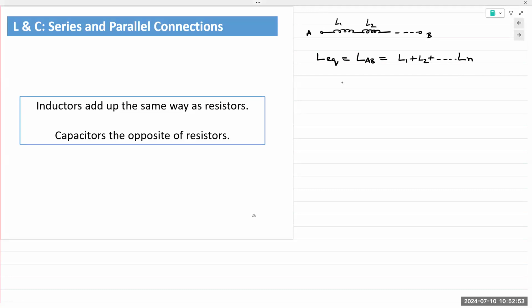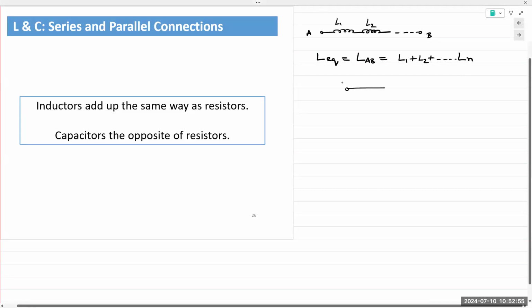Inductors in parallel. It doesn't matter how many inductors we have, they add up exactly the same way as resistors.